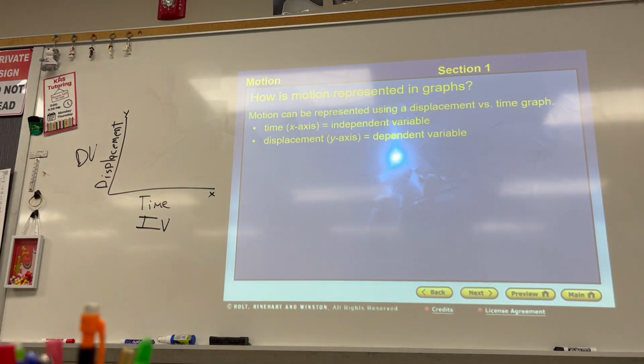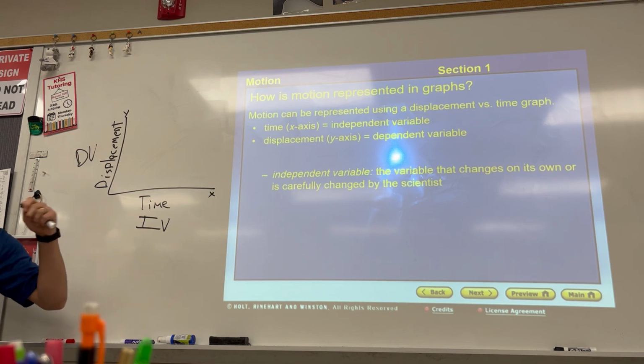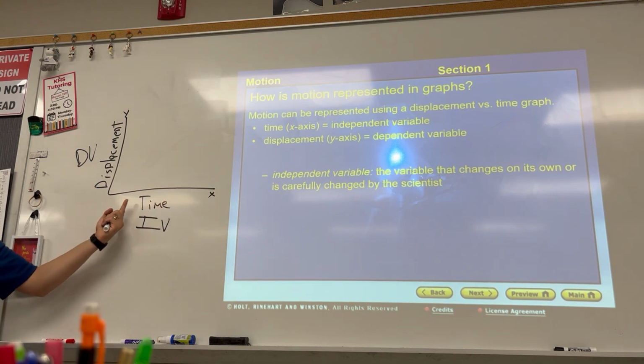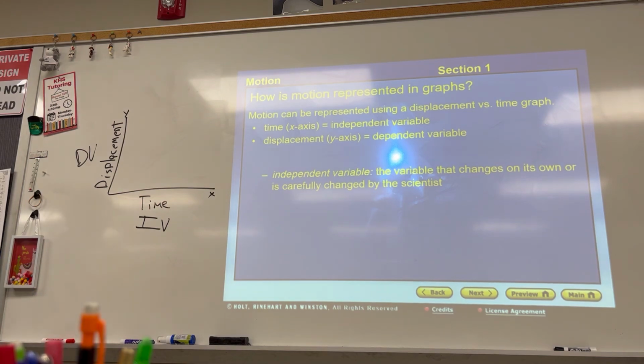Since we didn't cover this last chapter, my independent variable is the thing that changes on its own, or it's the thing that the scientist changes on purpose. In this context, obviously time changes on its own, right? I don't have to like turn a crank to make time move. But in other experiments, the variable on the x-axis could be something else that I am intentionally changing.